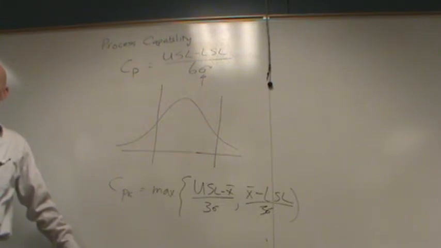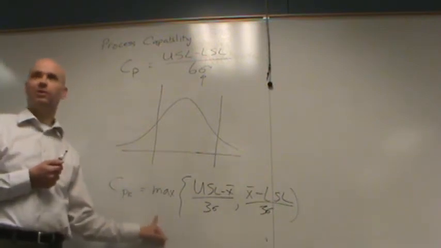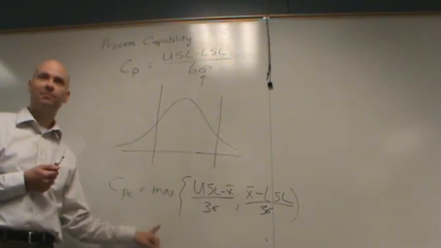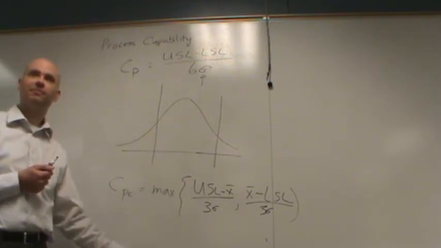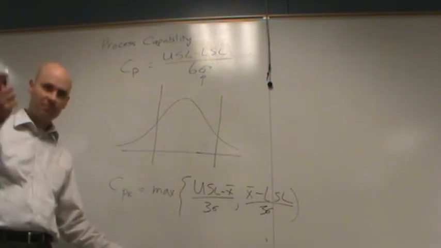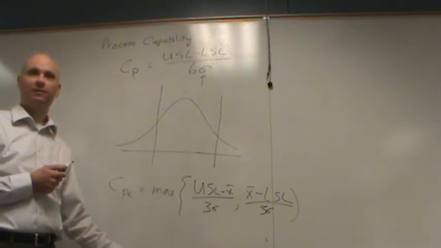In other words, if your process is perfectly centered, CP and CPK would be equal to each other. CP is how repeatable your process is. CPK is how repeatable your process is to its specified limits. That is another factual way to state that. Does that make sense to everybody?